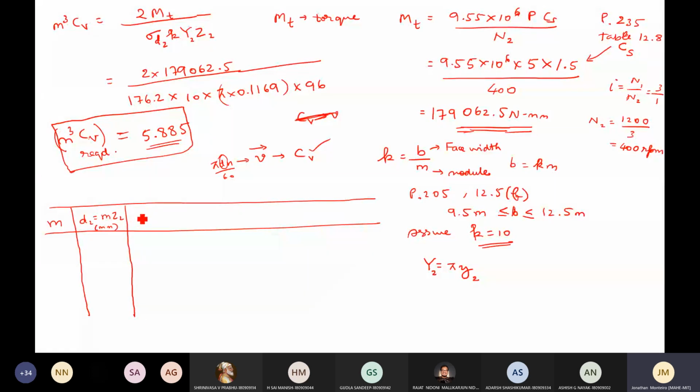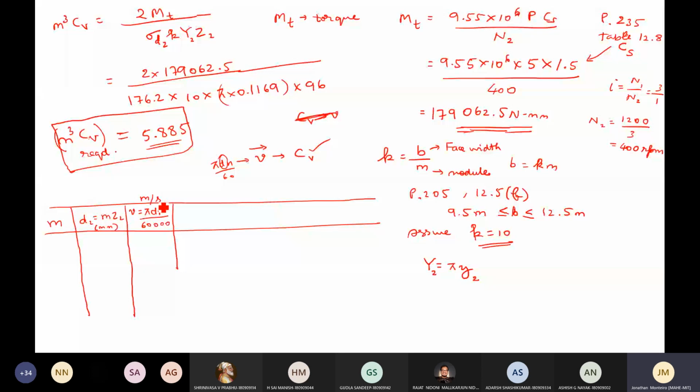Once D2 is done, you can find out V. What is V? Pi dn by 60. Let me put that as N. Since N is in RPM, I have to put 60. And since velocity should be expressed in meters per second, I'll put 60,000.